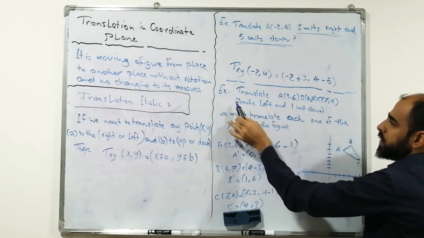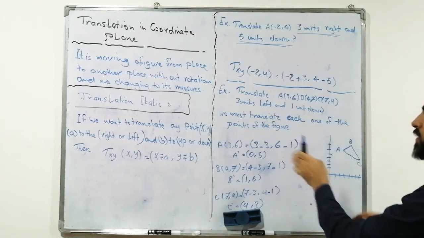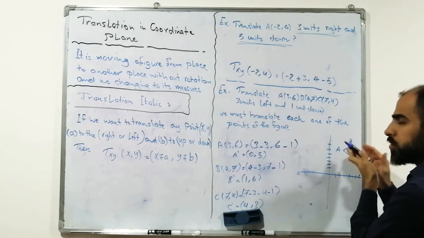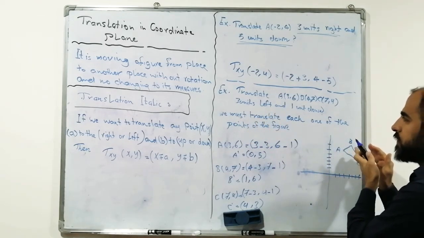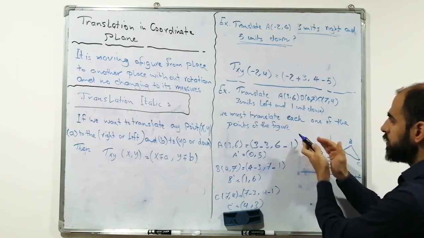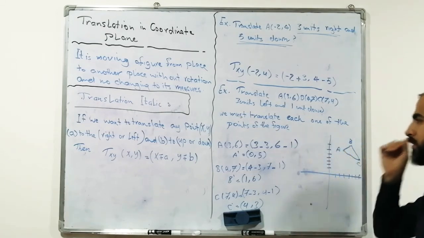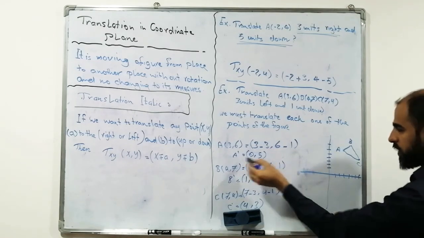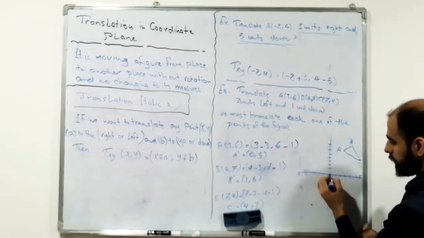The figure of the triangle after translating 3 units to the left means each one of the points of the figure will be translated 3 units to the left and 1 unit down. So A dash is 0, 5.